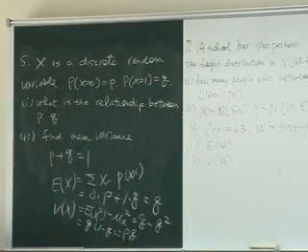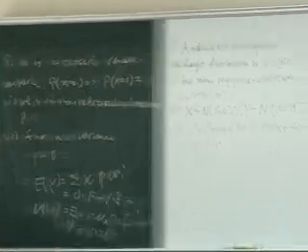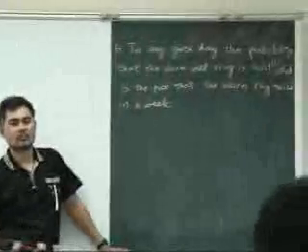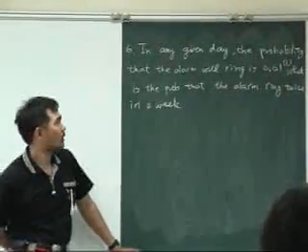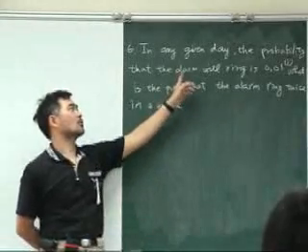Okay, let's try to get this one. In any given day, the probability that the alarm will ring is 0.01. So what is the probability that the alarm will ring twice in a week? The gentleman in black shirt. So the alarm will ring.